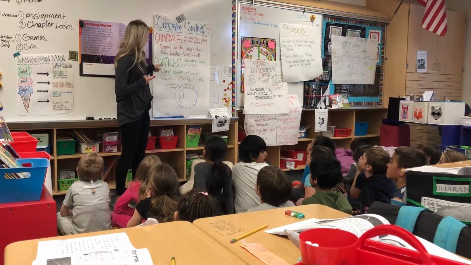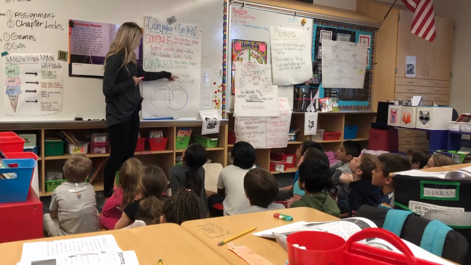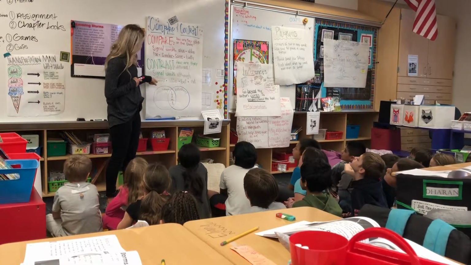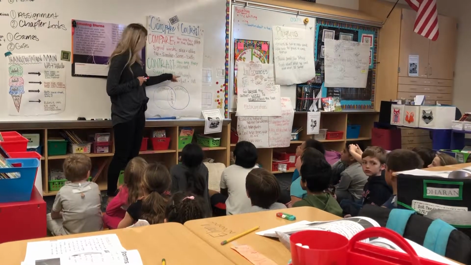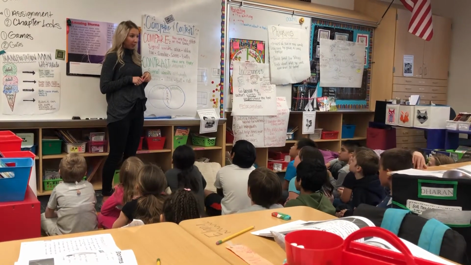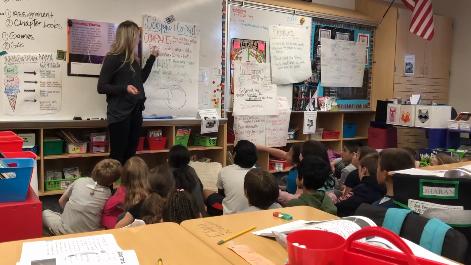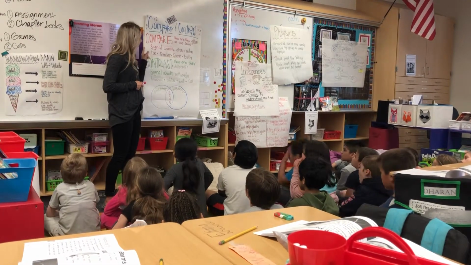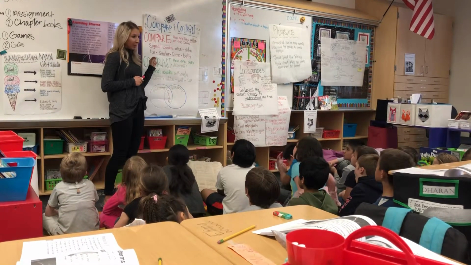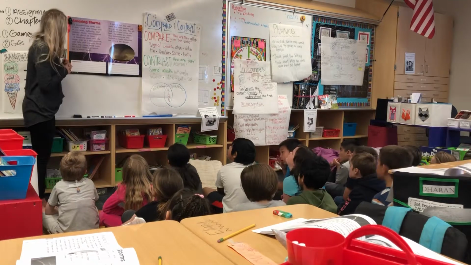Those are signal words for contrasting. If we see the words although, however, unlike, but, are not, it's probably about to tell us something that's different, right? But when we see those signal words up here, that's a pretty good clue that we're about to read a comparison.